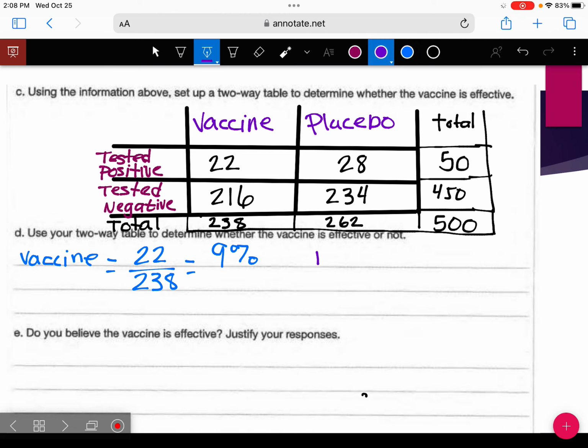How about for the placebo? What percent of people got malaria with the placebo? We do the same thing, the 28 over 262.